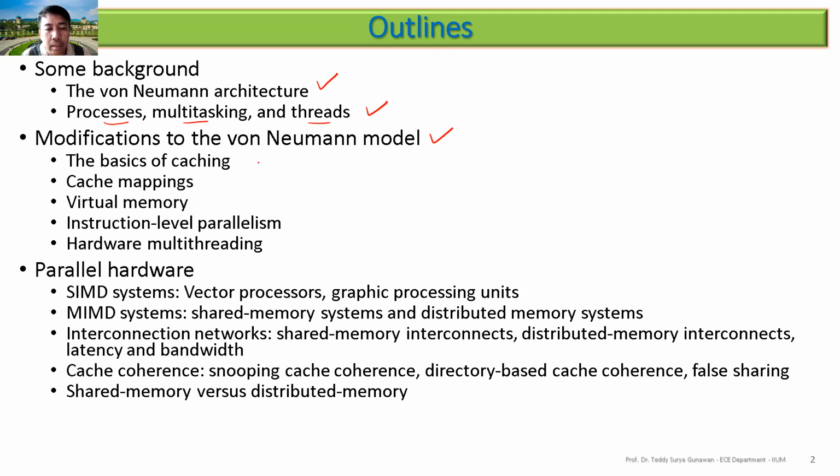You can see here the improvement is on caching. Then cache mapping, how we map the cache with the main memory, and then the advance of virtual memory, which means part of your hard drive can now be treated as main memory. And then we have instruction level parallelism, like hyperthreading, which Intel and AMD do.